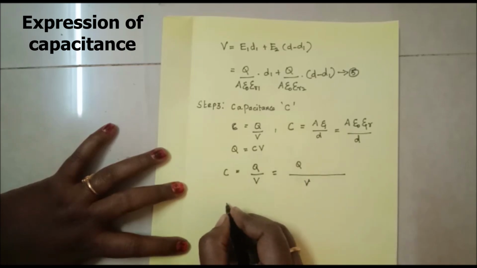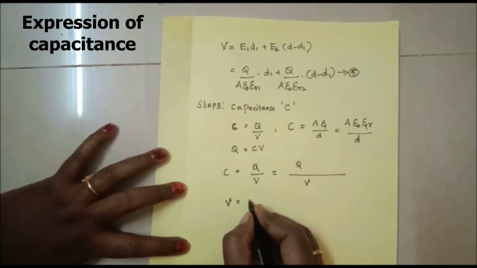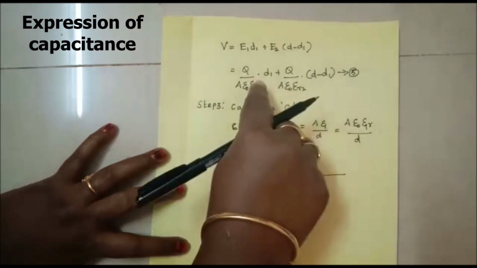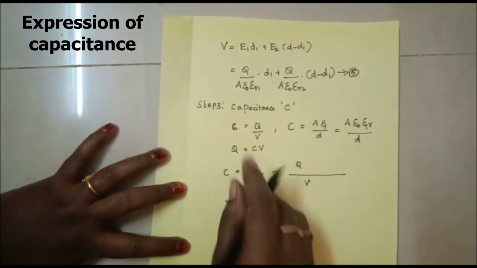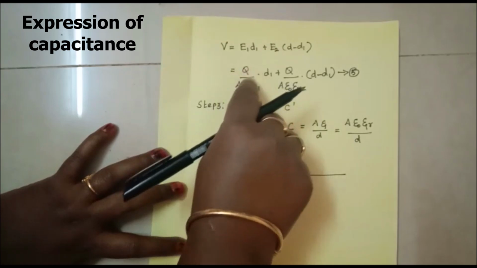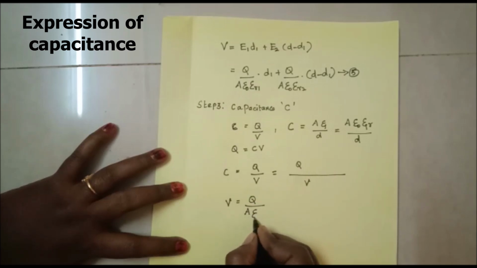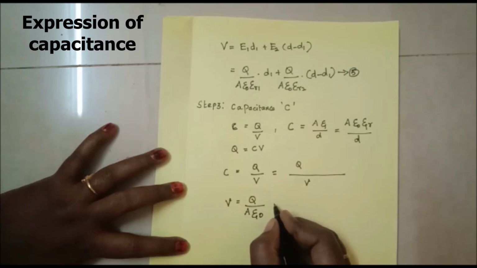Before writing the expression for V, V can be reduced to a single term from expression number 5. Here we are taking the common terms outside. So Q, A, epsilon are the common terms. So Q divided by A epsilon naught, these terms are taken outside.